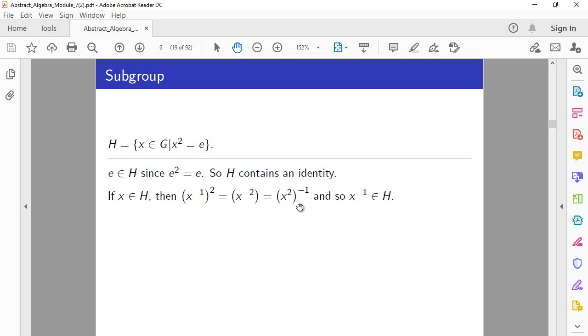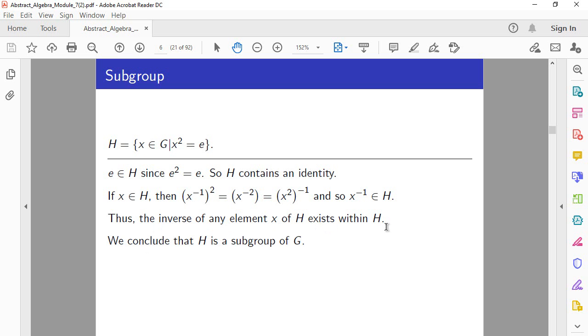So this quantity is equal to the identity, and as a result, the square of x inverse is the identity, and therefore x inverse belongs to H. Thus the inverse of any element x of H exists within H. We conclude then that H is a subgroup of G.